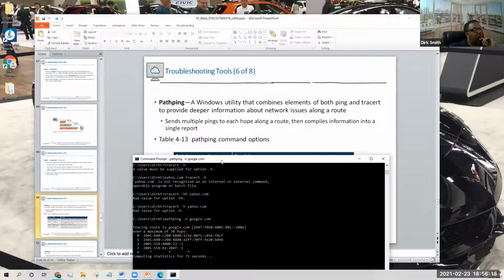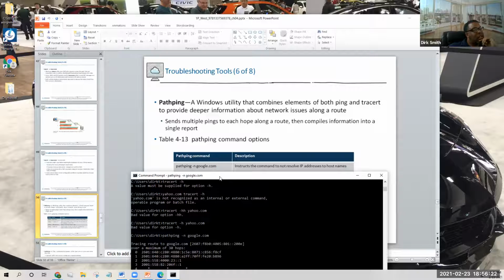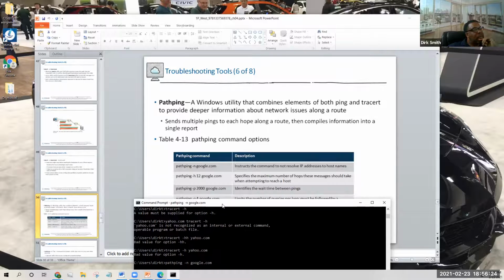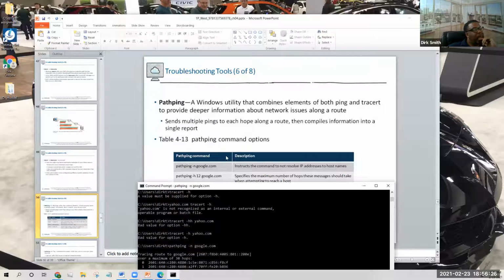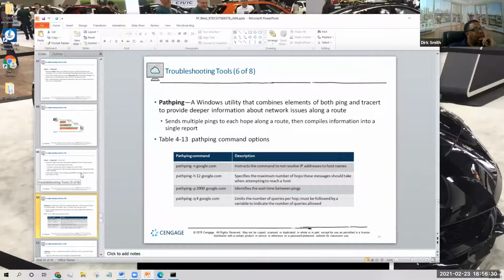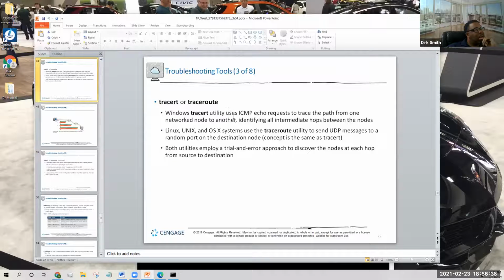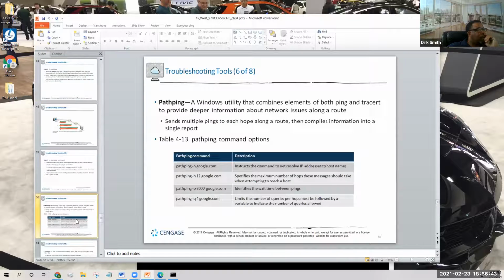The computer says it for 75 seconds. Interesting. Oh, I'm just kind of curious why this one. Windows tracert utility. Anyway, I don't know. I can play with this forever.